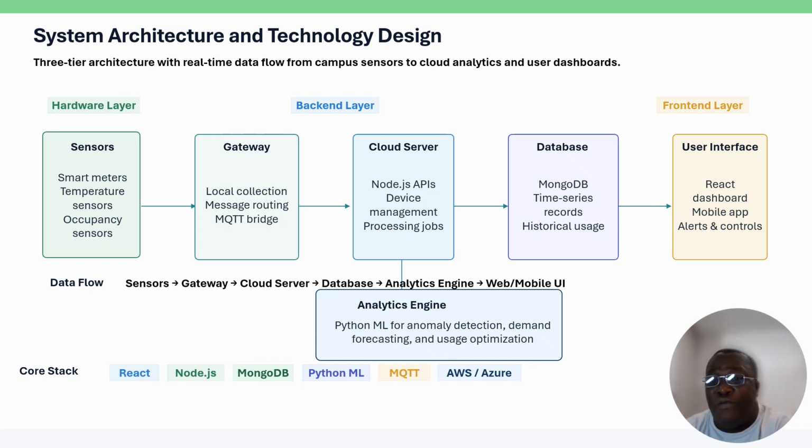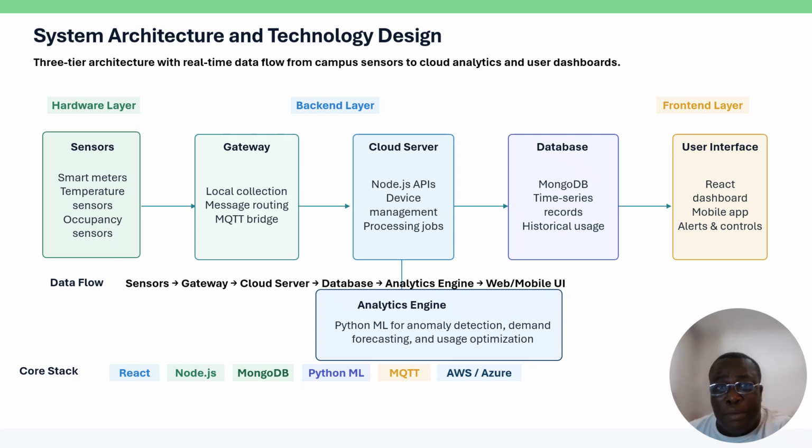For the front end, the user interface, I plan to use React, because I'm going to elaborate the application so we can access the dashboard on our mobile app. So React is going to present the front end. The data flow is sensors, gateways, cloud server, database, analytics, and web and mobile UI. Those are the components I'm going to use. I can use either AWS Cloud or Azure Cloud.